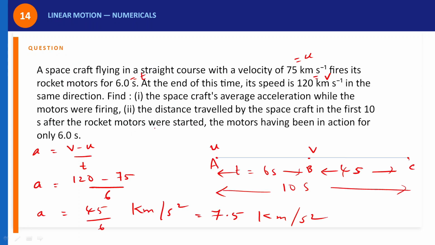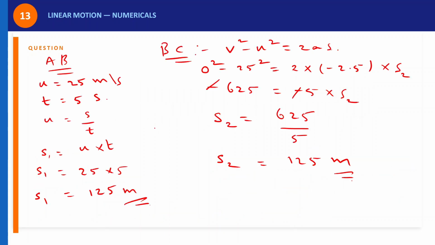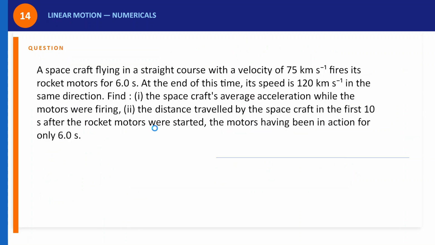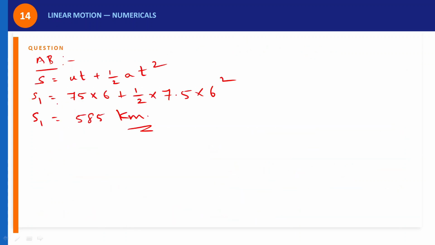According to the given question, B to C, the body moves with uniform velocity. At B point, the velocity is 120 kilometer per second.